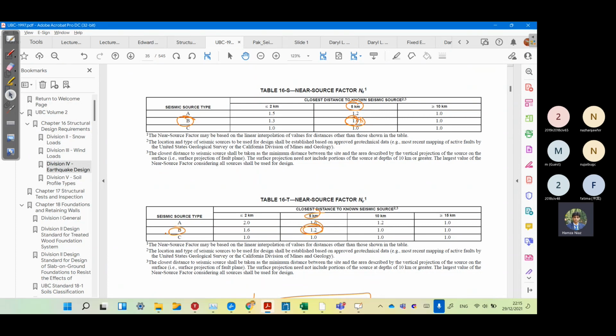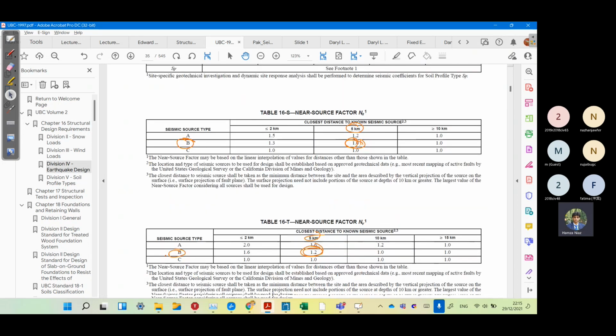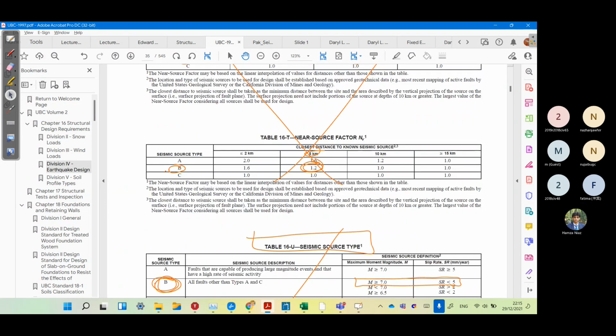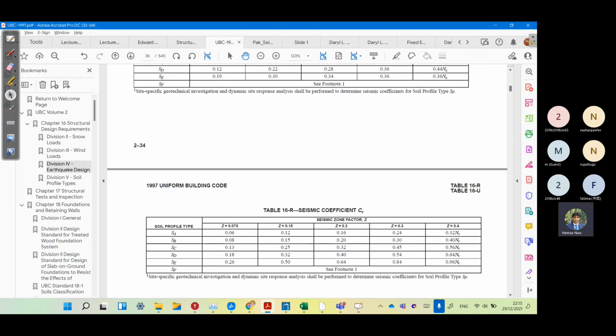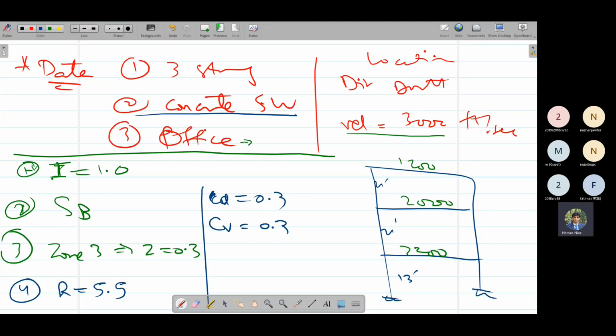It is only used in zone 4, and otherwise we do not need to check this. For zone 3 and below, we only have to calculate CA and CV. So we have to calculate these parameters: the important factors, soil type, zone, R, and CA and CV.